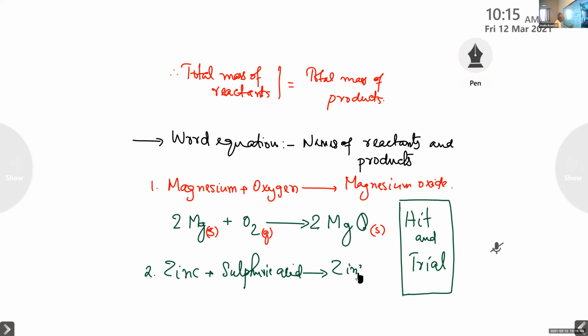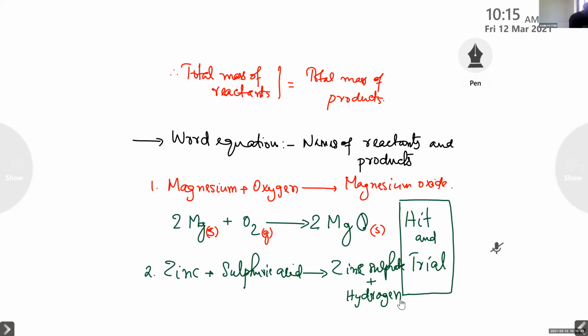Zinc sulfate plus hydrogen. That is the word equation. Zinc reacts with dilute sulfuric acid, forming zinc sulfate and hydrogen.